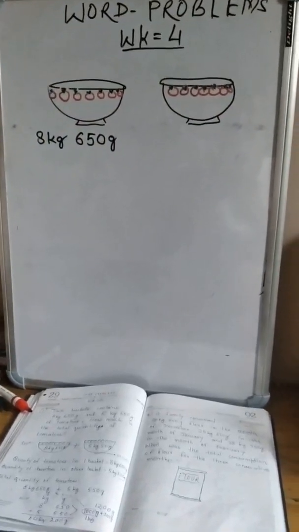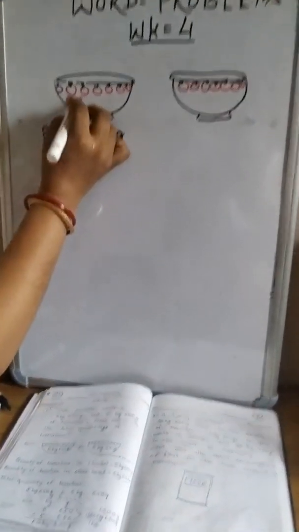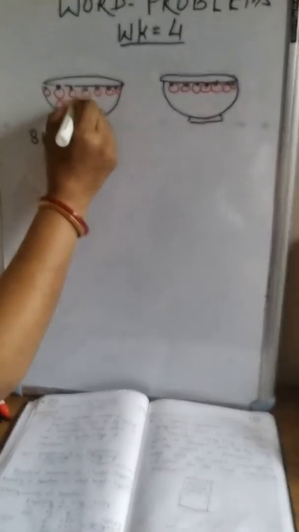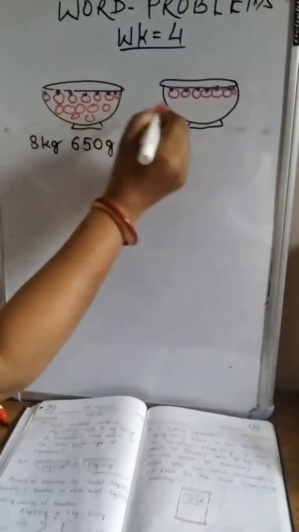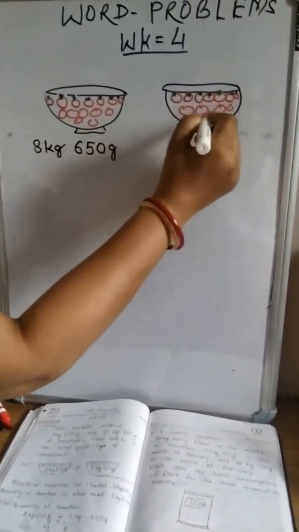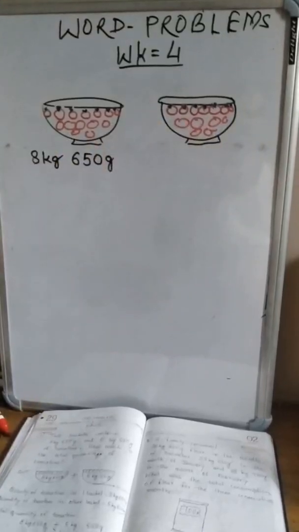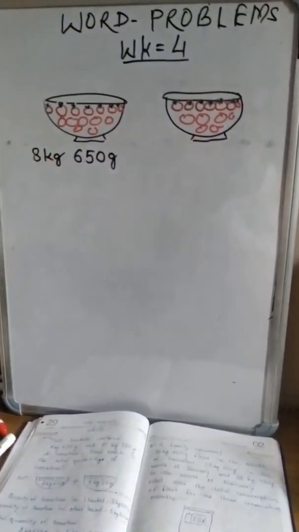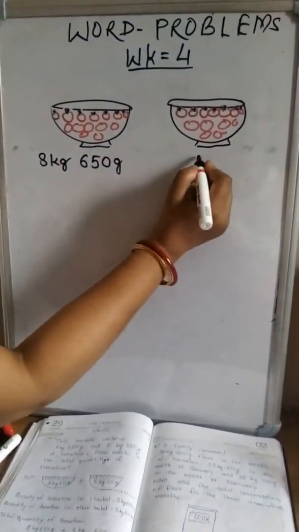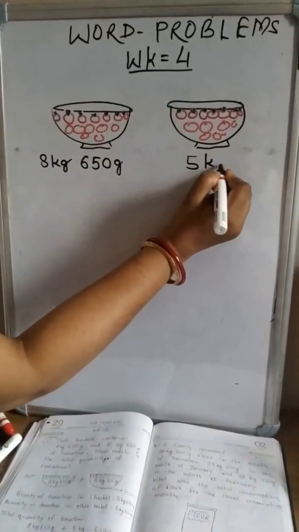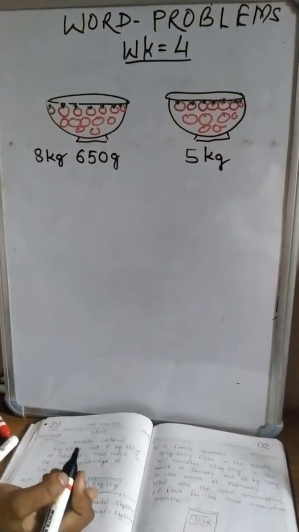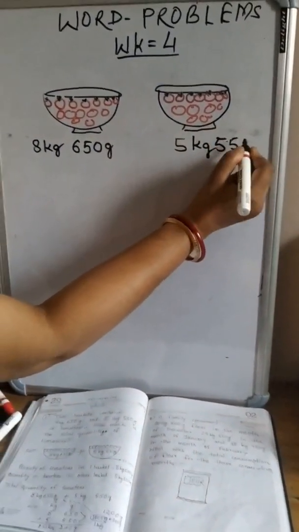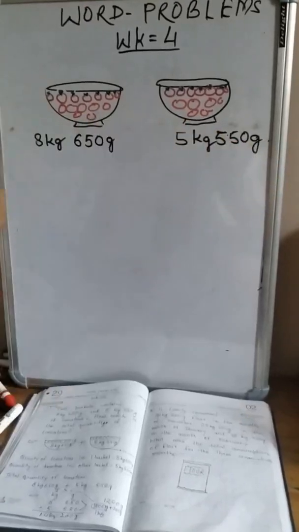They're filled with tomatoes. So in the first basket, the quantity is 8 kilogram 650 gram, and the second basket is having tomatoes whose quantity is 5 kilogram 550 gram.